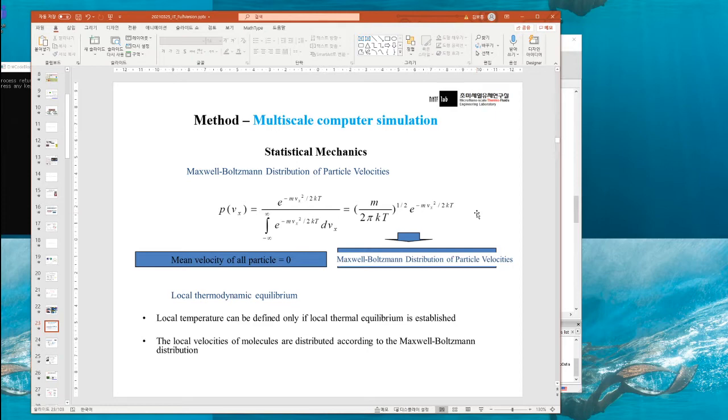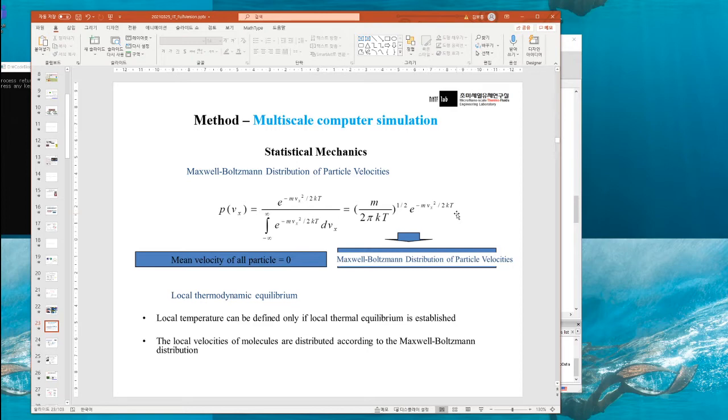Basically, the temperature in a molecular system is their kinetic energy, but their velocities need to follow the Maxwell-Boltzmann distribution of particle velocities, because there is a random velocity distribution. In the real world, the air molecules are flying around our room. Some molecules are faster than the average, some are slower than the average.